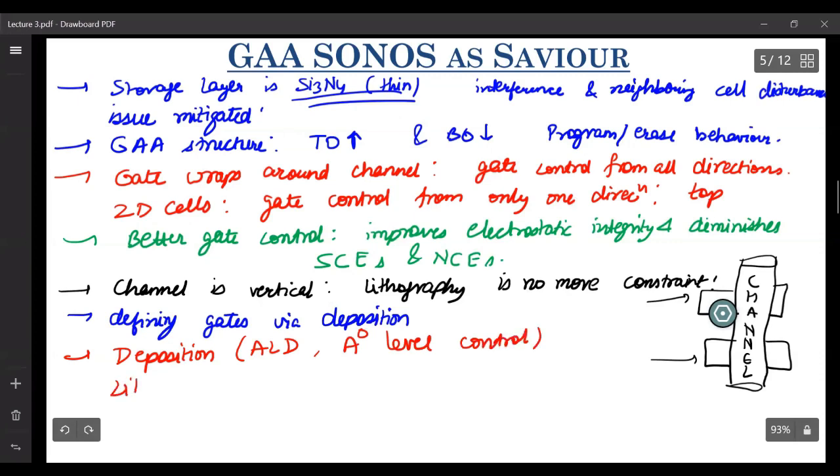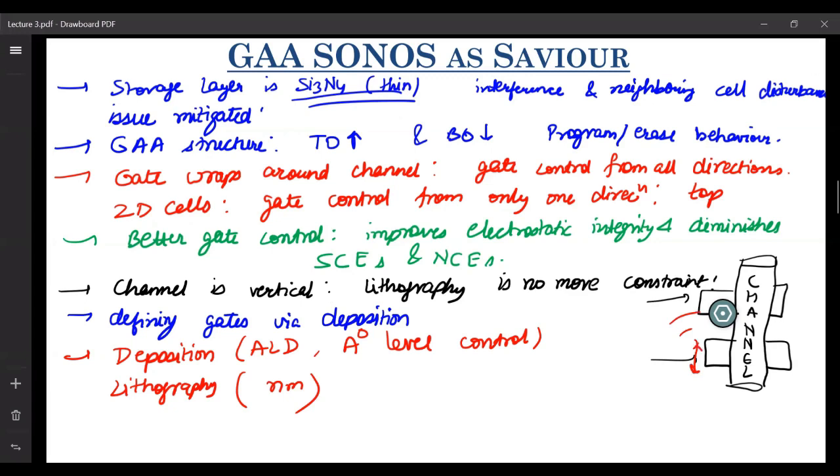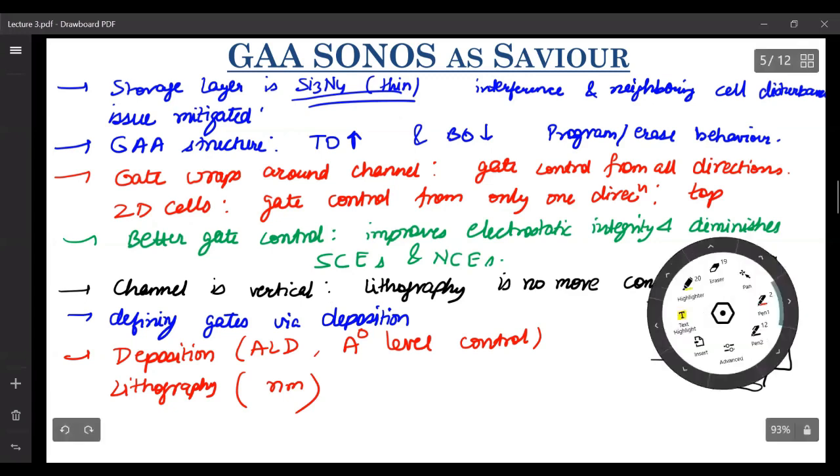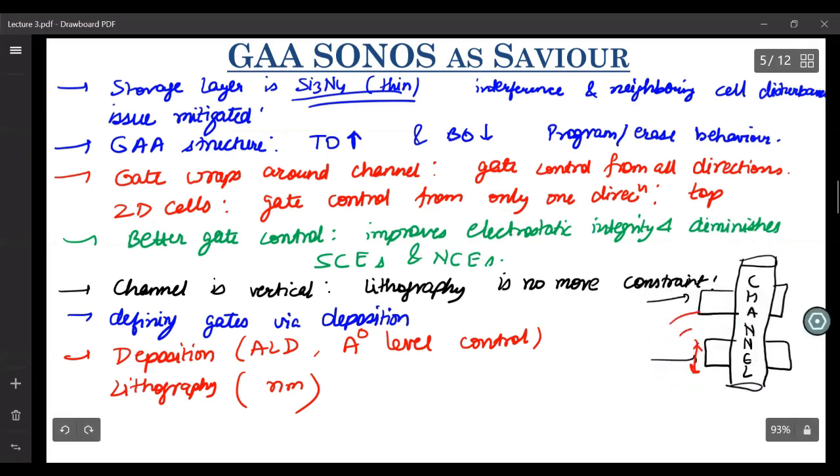However, even with EUV, in lithography the control that you have is at the level of nanometers. So since the critical feature here, that is the gate length, is defined by deposition rather than lithography, this is also relatively easier to fabricate, I would say, and less process dependent.